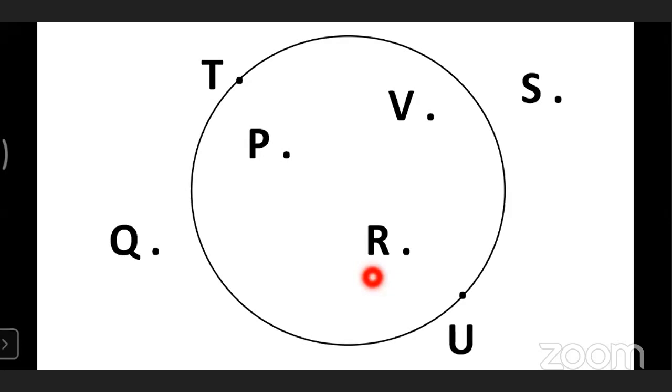Because he is inside the circle. Very good, student. Point R is inside the circle, right? This is the circle, right? Yes. And point R is inside the circle. So R is the interior point.